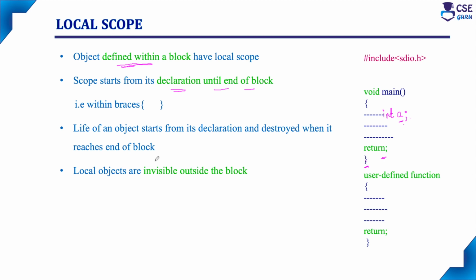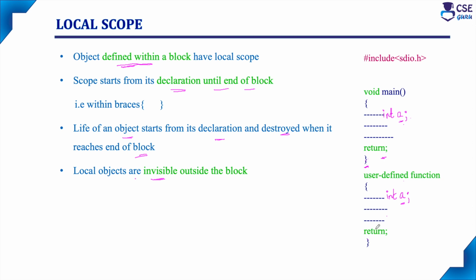The life of an object starts from its declaration and is destroyed when it reaches the end of the block. Local objects are invisible outside the block. Suppose you have declared the local variable int a within the main function and you want to use it in a user-defined function; it will be invisible to that function. If you want to use the same variable, you need to declare it again there, and it will have a local scope only within that user-defined function.